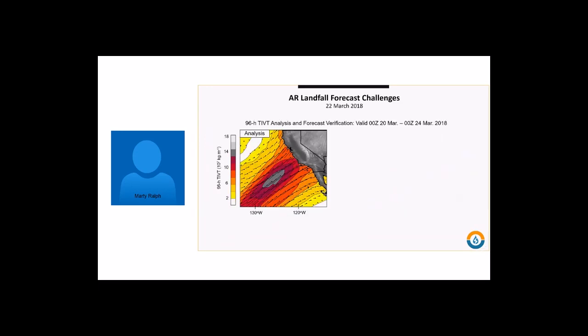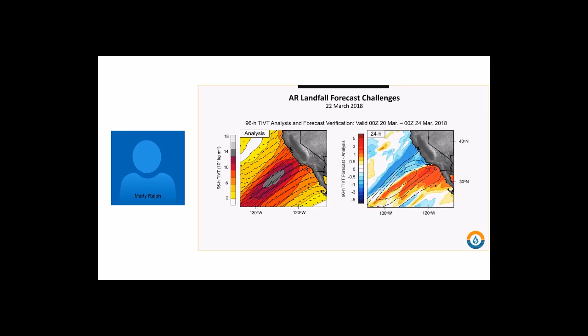Now we're looking at the time integrated IVT because an instantaneous view doesn't tell the whole story. Here the time integrated shows the max value, once again hitting up north of Point Conception, between there and Monterey. And on the right is the difference between the predicted, which is the color filled, versus the observed, which is the dashed line.